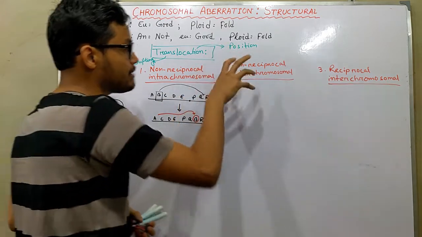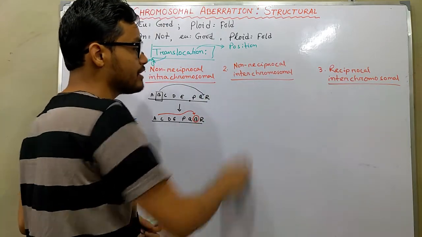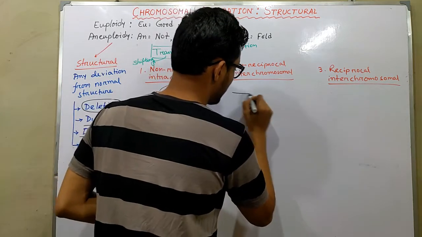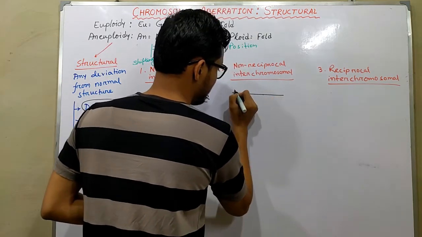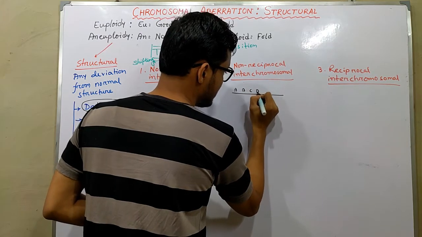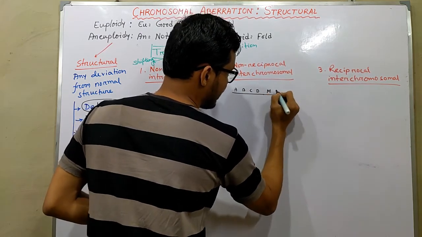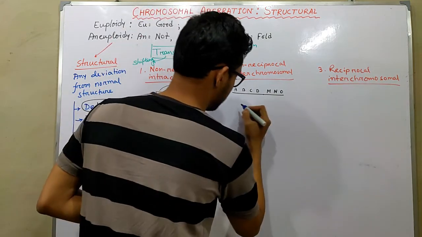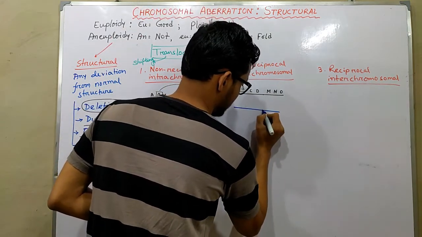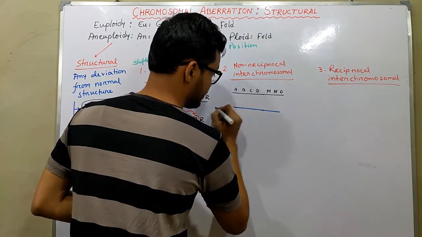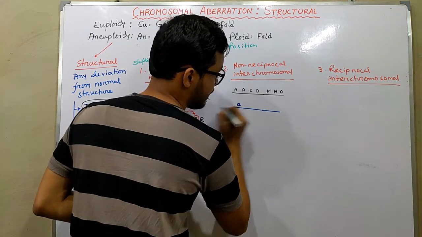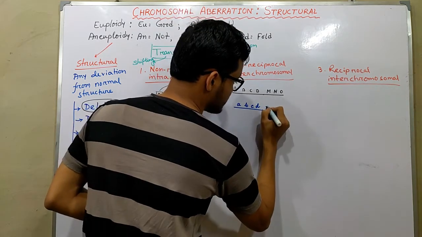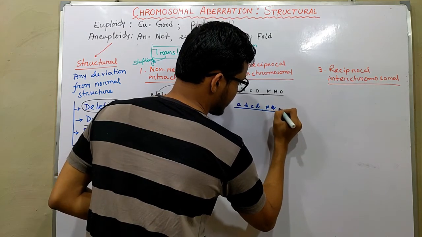But non-reciprocal interchromosomal means the involvement of two chromosomes. If we draw a diagram of two chromosomes: A, B, C, D, and here M, N, O. And the next chromosome is this: small a, small b, small c, small d, small p, small q, and small r.